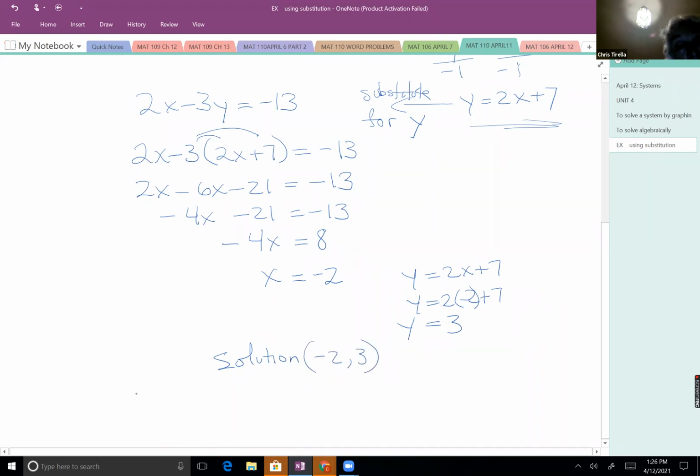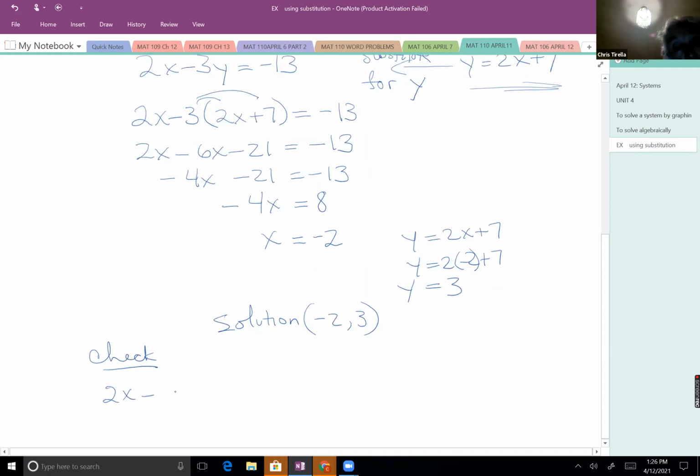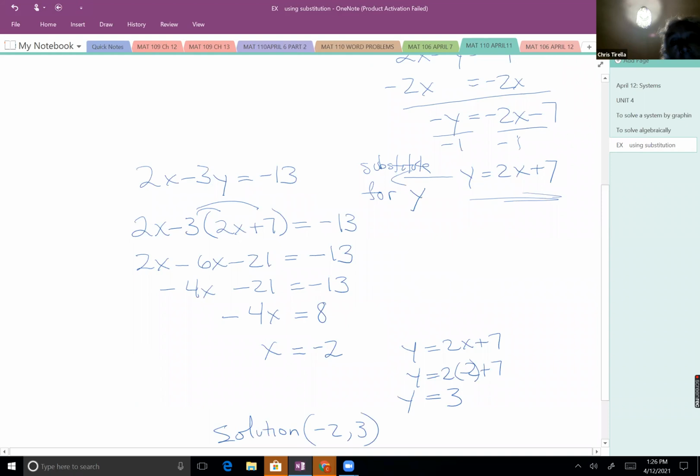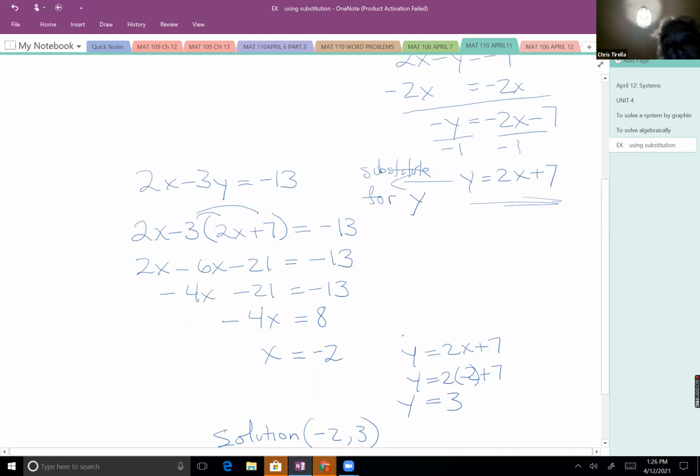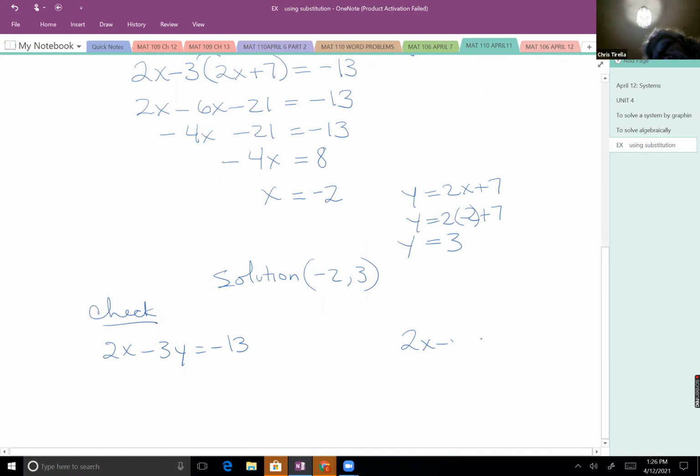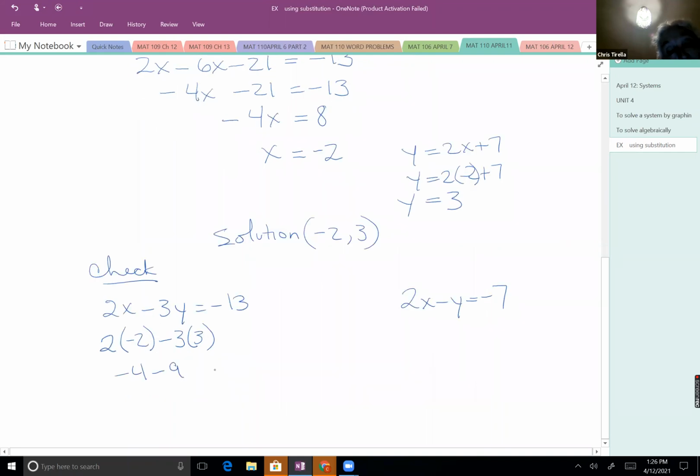But again, I'd have to check in my original equations, 2x minus 3y equals -13. And the other one was 2x minus y equals -7. So if I'm checking -2, 3, for x, I'll put in -2. For y, I'll put in 3. So that's -4 minus 9, which is -13, and it checks.